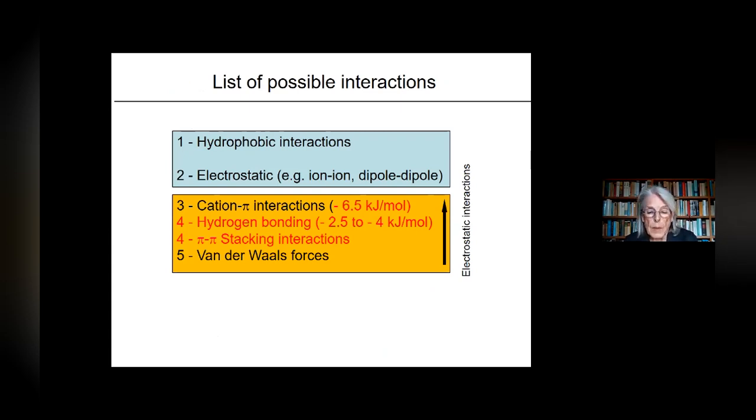Now, the possible interactions are hydrophobic interactions and electrostatic interactions, and they work if the molecule is in the aqueous phase and binds to the membrane. Then within the membrane, we cannot attract a molecule by hydrophobic interactions, because the most hydrophobic medium in a cell is the membrane itself.